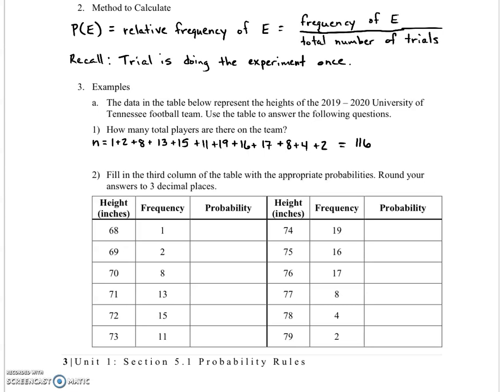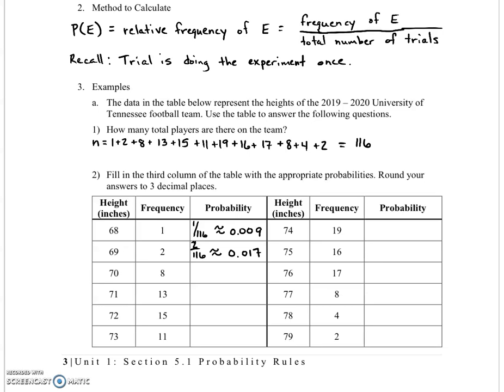So we have 1 over 116, which is approximately 0.009. 2 over 116, which is approximately 0.017.